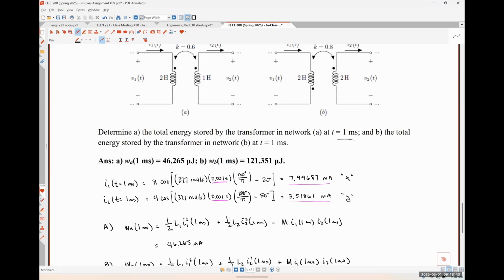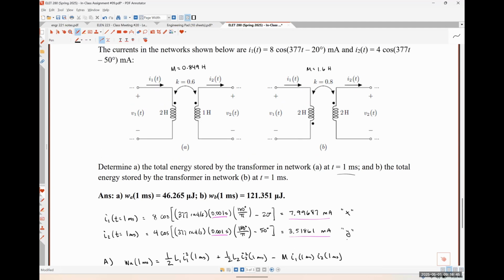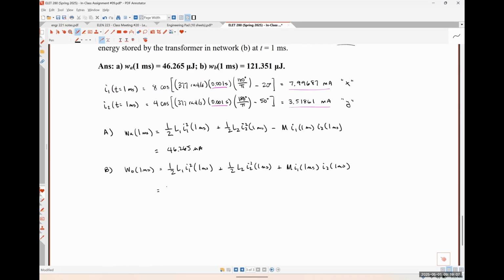And so if I put this into my calculator, I have 0.5 times 2 times x squared plus 0.5 times 2 times y squared plus 1.6 x times y. And I got 121.351 microjoules. Sorry, that should have been joules as well.